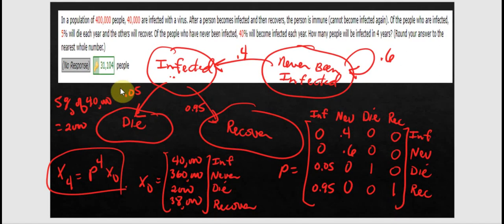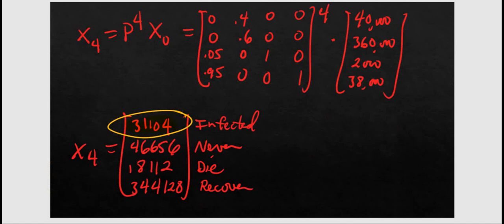So that's 31,104, and it said how many would be infected in 4 years. Just want to make sure we were definitely answering that. Now, the good thing is you get a whole lot more than what's asked for, but you also get what was asked for. Does that make sense?